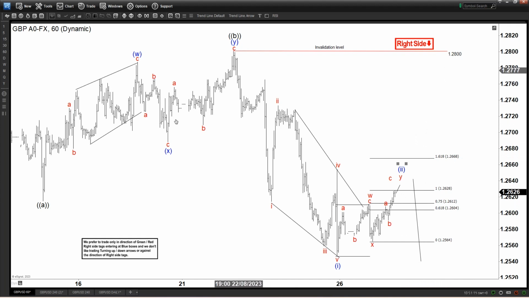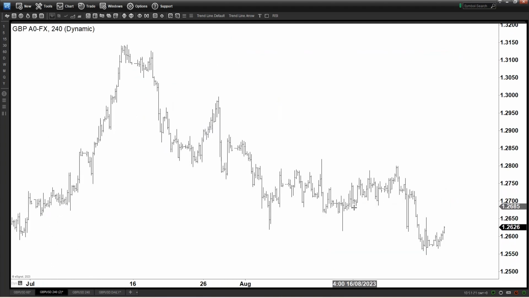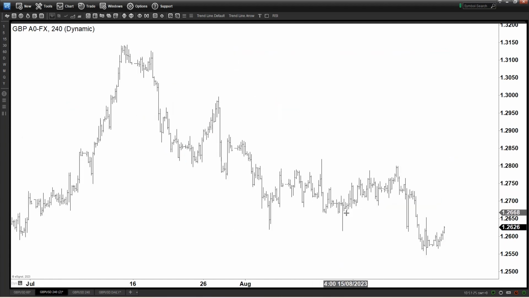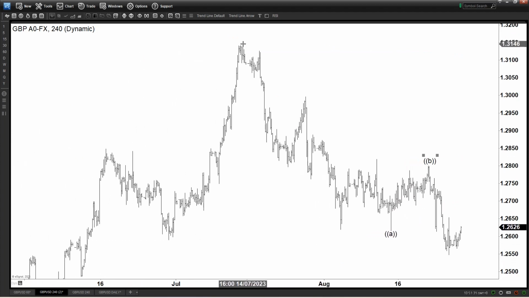If I zoom out into a larger time frame in the 4-hour, and I try to copy the A and the B here and put it in the 4-hour, the A and the B position will be right here. Now if you look at this 4-hour, you can see right here the decline from July 14.